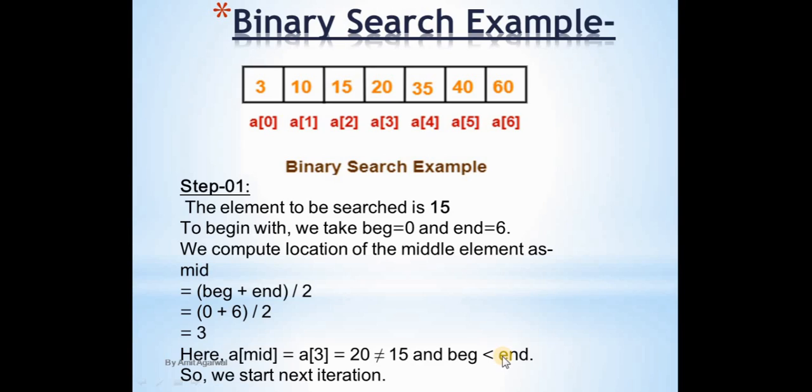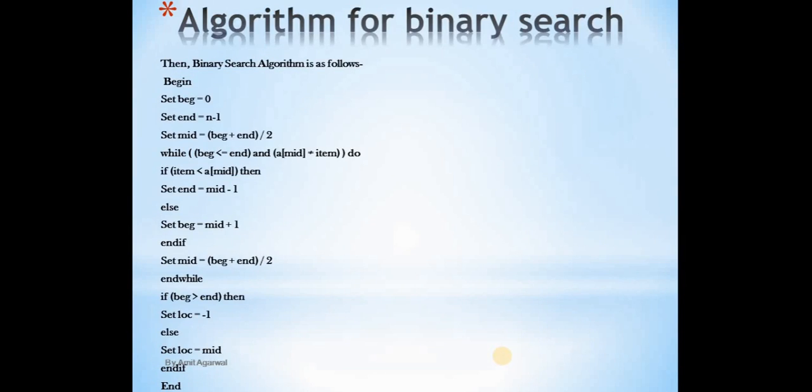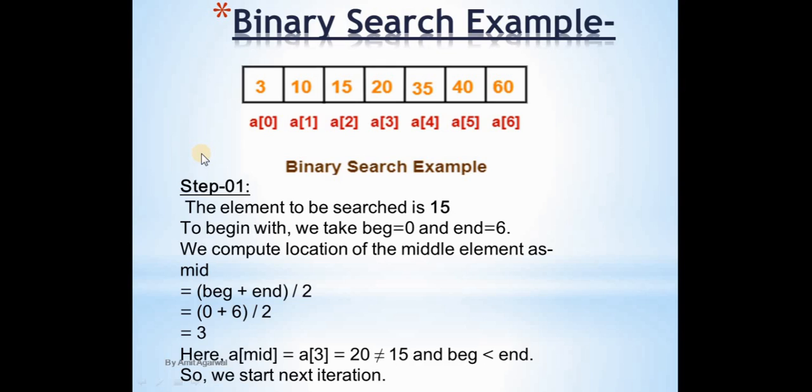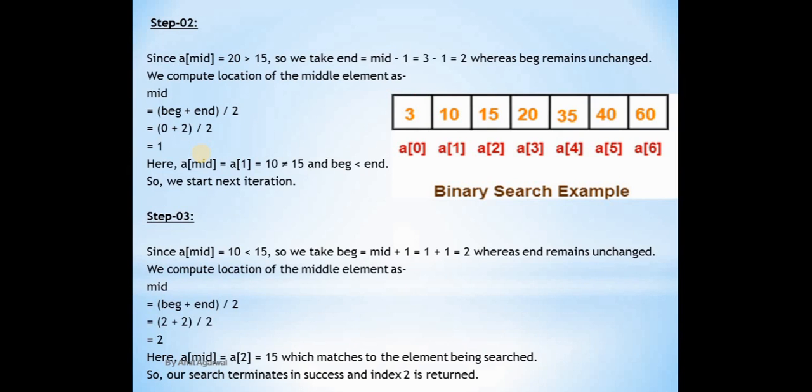So we can start our next iteration. Okay guys, so here was the first loop or the condition that we worked. Now step 2 says, is our A mid, that is 20, greater than 15? Yes.